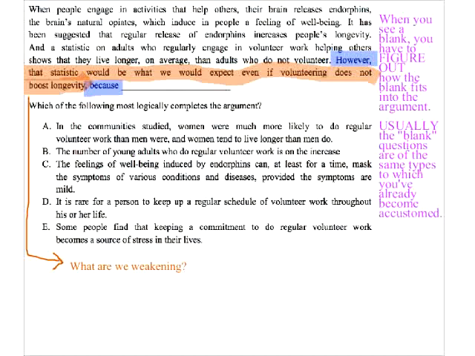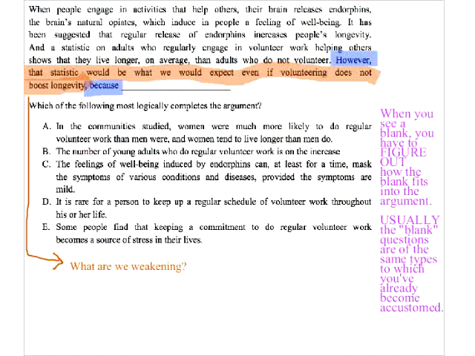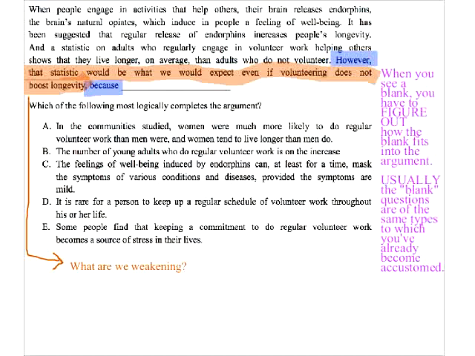So let's do this. Facts. I'm going to put facts in green here. Remember, you can't weaken things that are facts. You have to weaken things that are claims. The claim might be implied, or the claim might be explicitly in the argument, but you can't weaken facts, guys. Remember this. So facts I'm going to put in green.